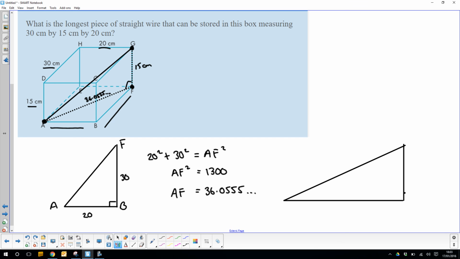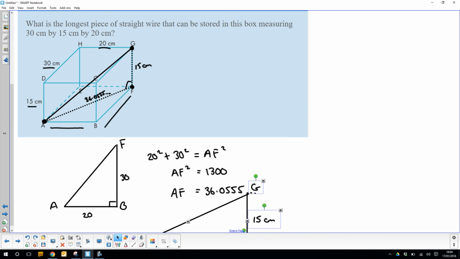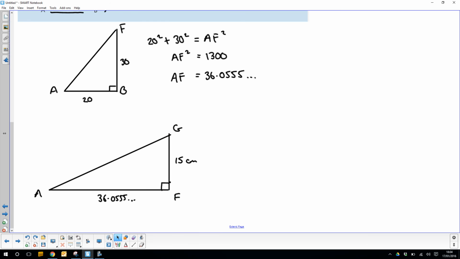We've got a right angle there, the base is 36.0555..., the height is 15 centimetres, and this is A, G, and the bottom point is F. I'm going to move that down here so we've got more room to work out that longest piece of wire.